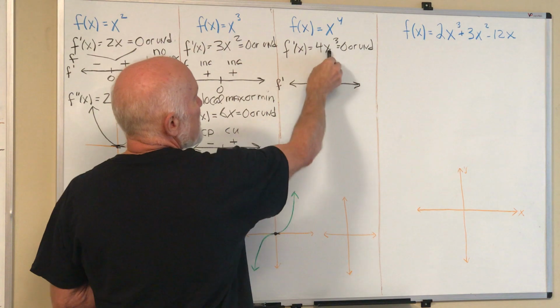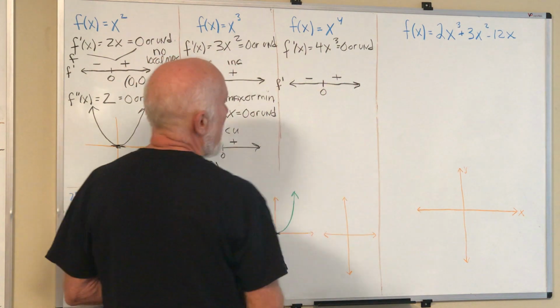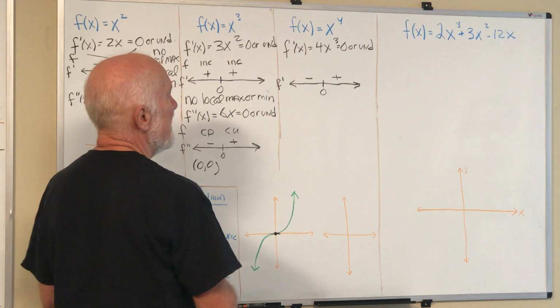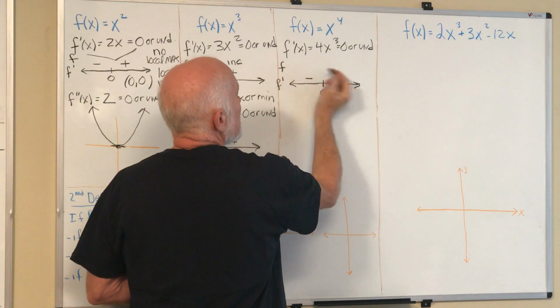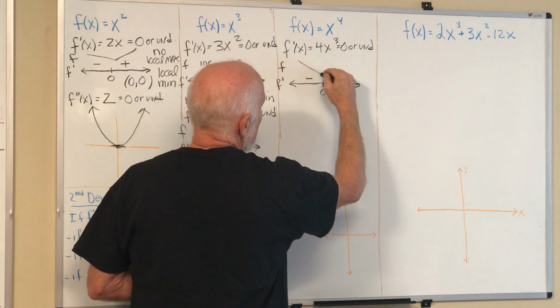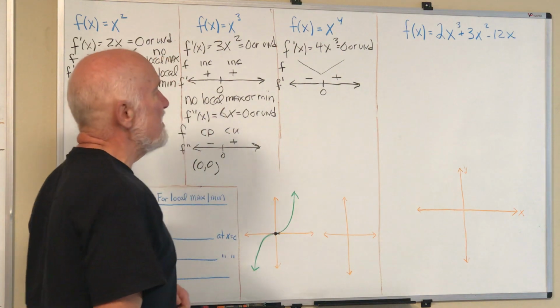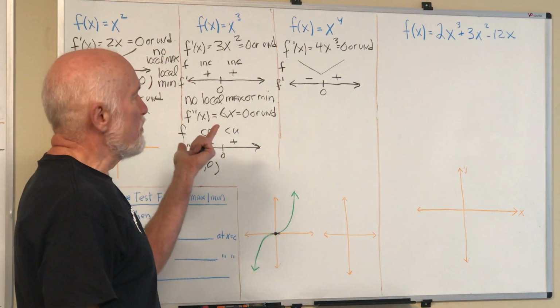If I take a number that's negative, x cubed is negative, then it goes to positive. So again, the function itself goes from decreasing to increasing, or you can make the shape. You can see that that's a local minimum. You don't even have to memorize the first derivative test.